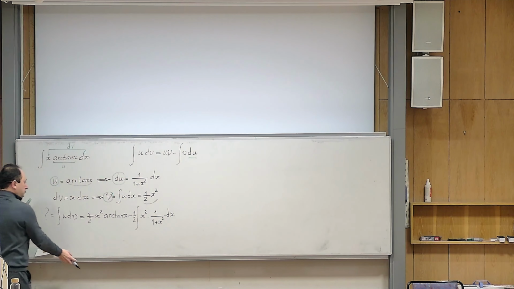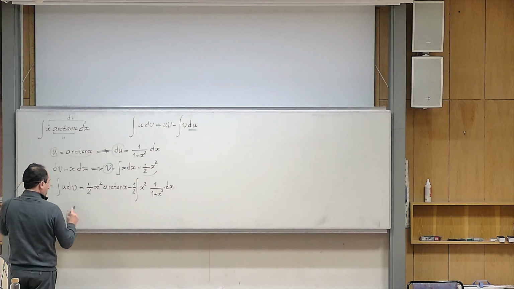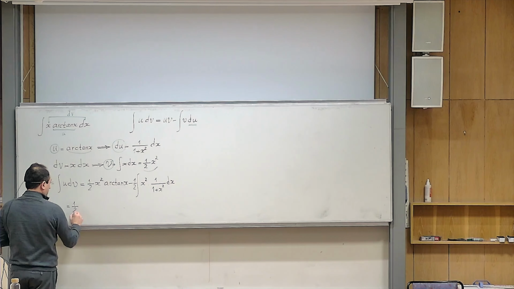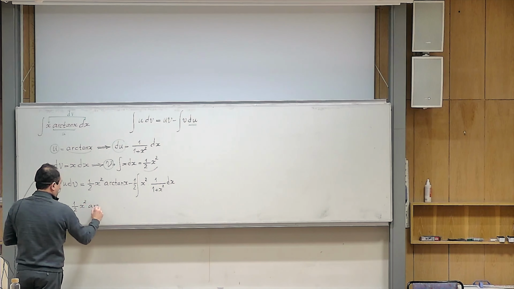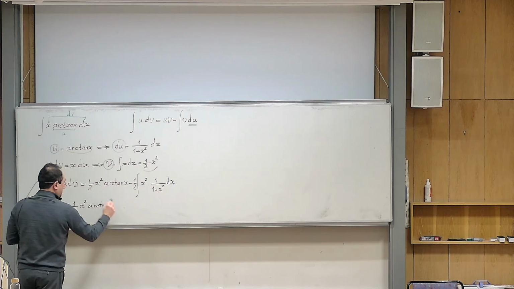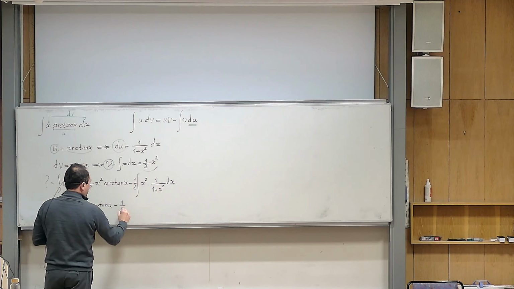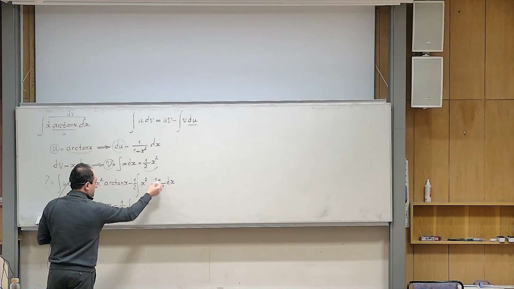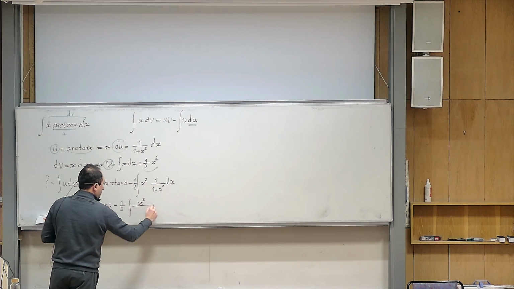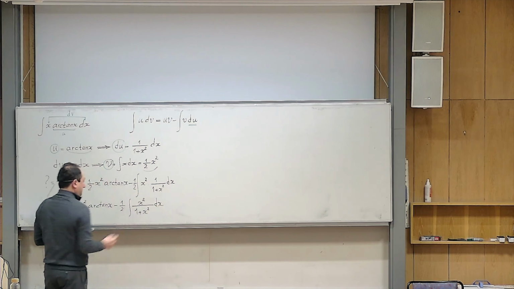To write this more organized, it is 1/2 x squared arctangent of x minus 1/2 times the integral of x squared in the numerator over 1 plus x squared dx.